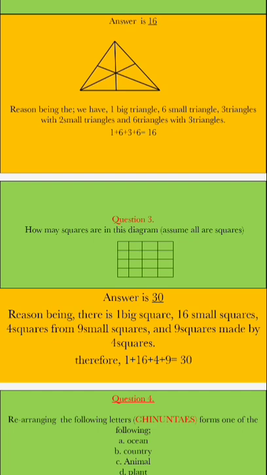Therefore, to get the answer, we have one big square, which is the overall square, then 16 small squares formed inside, then 4 squares formed by 9 small squares, and 9 squares made by 4 squares, getting 1 plus 16 plus 4 plus 9 to be 30 squares. So the overall answer will be 30 squares.